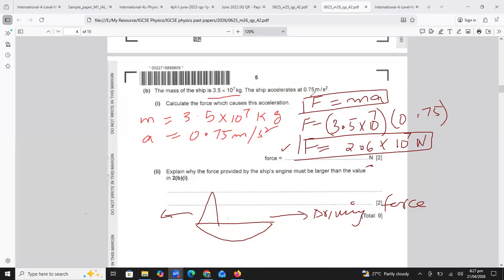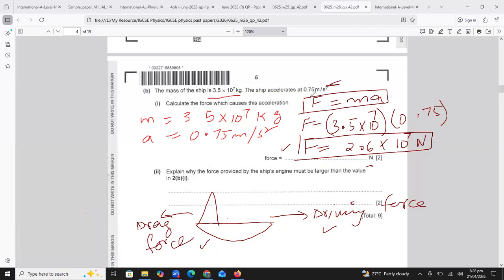So this is the ship, beta. The forward force on the ship is the driving force with which the ship is moving in the forward direction. So what could be the backward force, beta? Yes, Hafsa, the backward force is water resistance. And water resistance is called drag force, which we do not consider in this calculation.